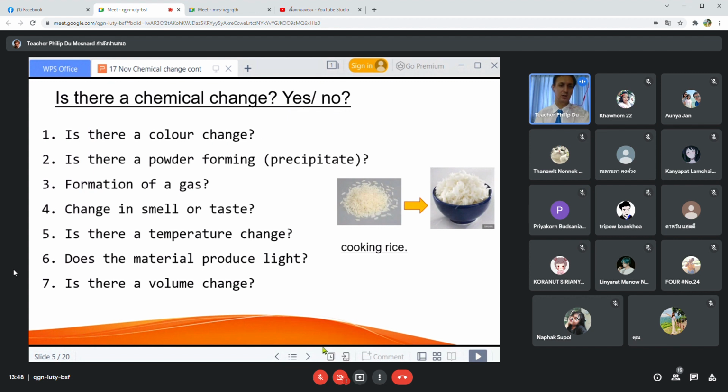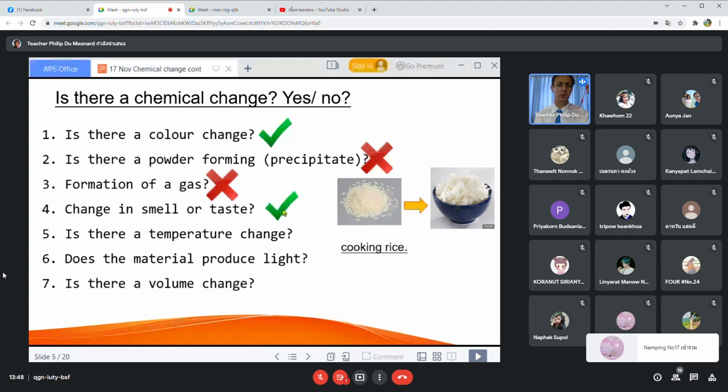Okay, so let's see. The color, yes, it does change because here it's sort of more gray and here it's more white. So the color is different. Precipitate, no. Gas, no. The taste, yes, it changed. You know, when you eat the rice that's not cooked, it's very hard. The taste is not good. And after you cook the rice, you can eat it. The taste is good. So there's a change in the taste.